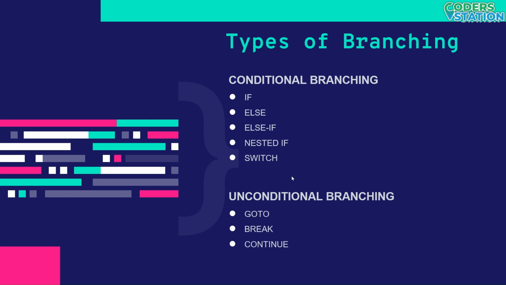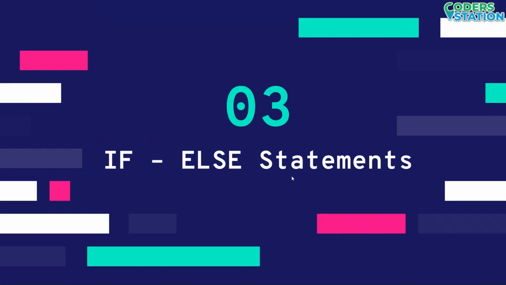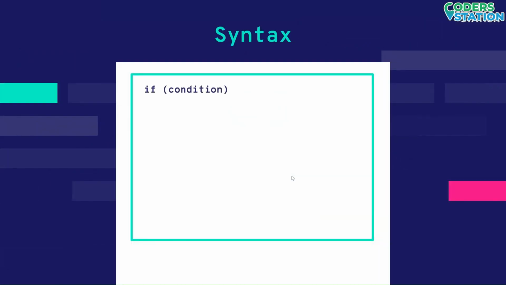Now let's head to our next part, which is the if-else statement. First we will see what is an if statement. The if statement is like the bread and butter of branching in C. The if statement evaluates a condition.